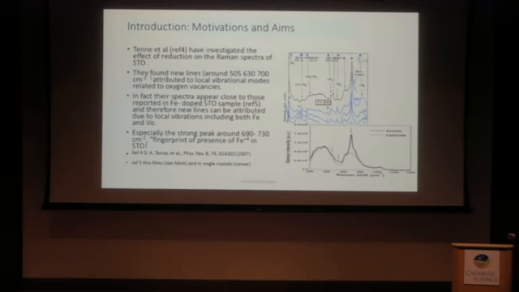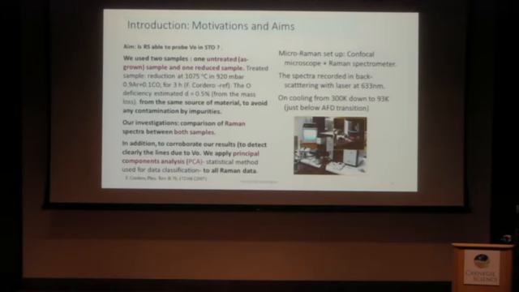But we have noted that these lines are located at nearly the same position as in the iron doped sample, and this is the case in thin films, single crystal or nanocrystal. So that means that probably these new lines could be attributed to an iron and oxygen vacancy pair. So that is the reason that we decided to reinvestigate by Raman spectroscopy the question of oxygen vacancy in strontium titanate.